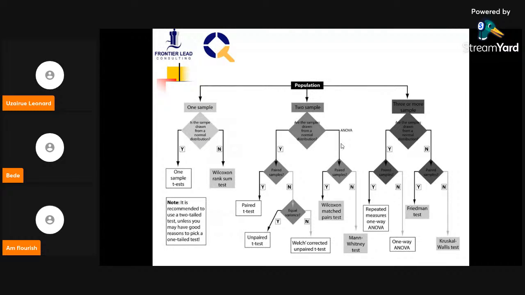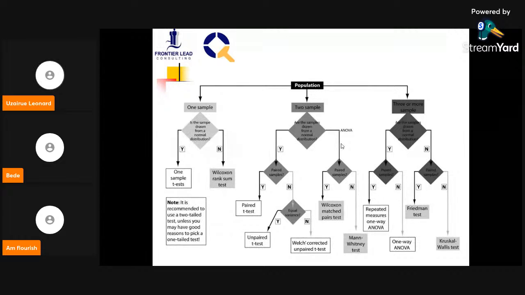So it's time for us to look at populations. We have a population, then we have one sample population, two sample population, then three or more sample population.